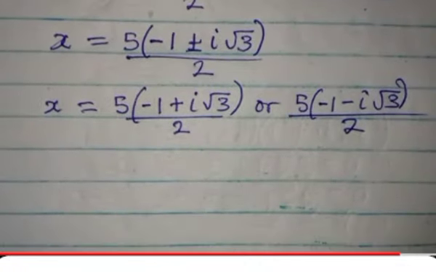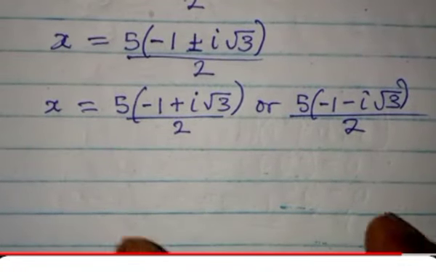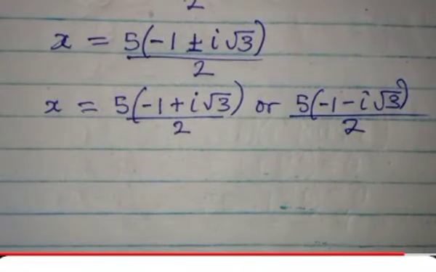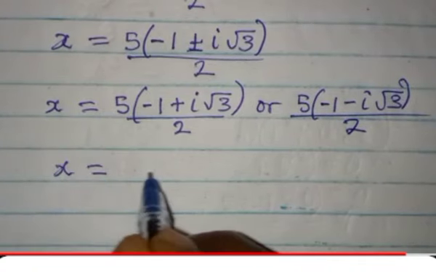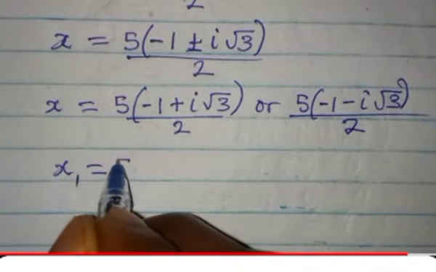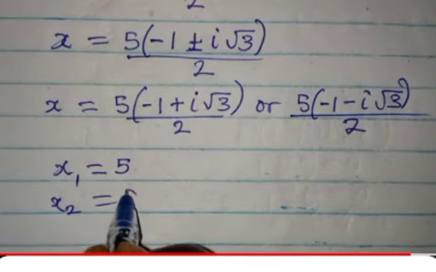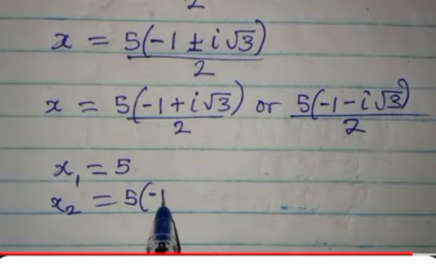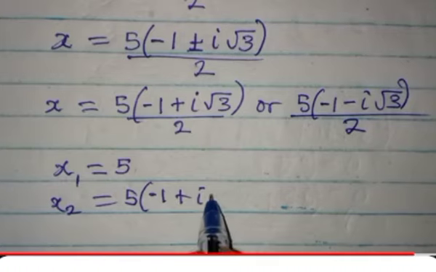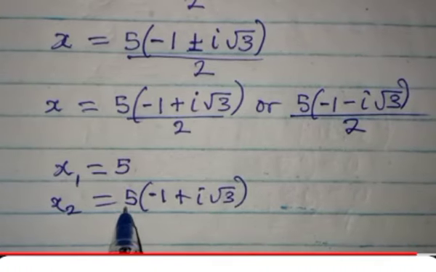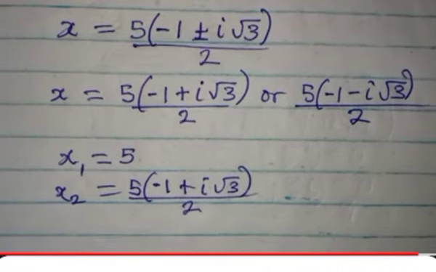Now, we have 2 solutions from here. Let's bring the 3 solutions together. Our x1 that we got, remember, is equal to 5. Now, our x2 is from here, where we have 5 into -1 plus i root 3, and then this is over 2.